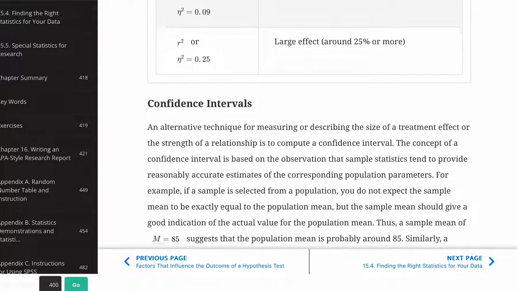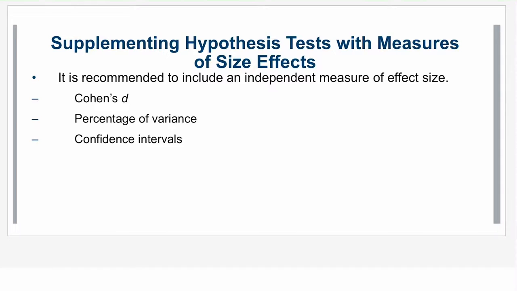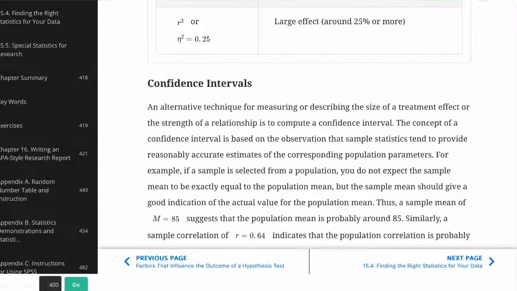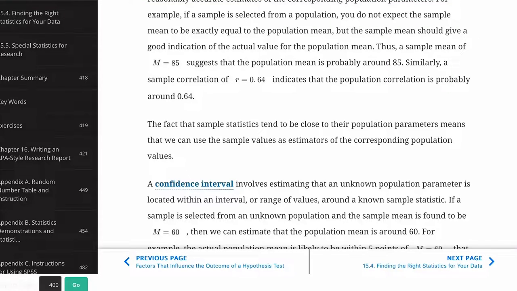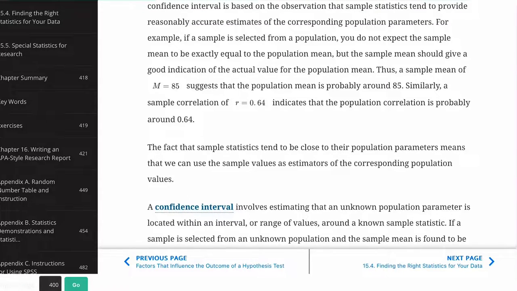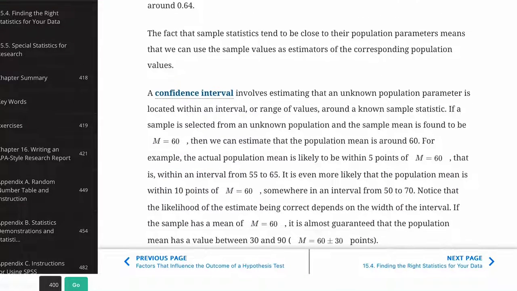Okay, and then confidence intervals is the third. You see that? Okay, we're going to go back. And so the confidence interval is basically, again, to help estimate those population values, which I kind of alluded to just a second ago. If you know the sample, you can predict the population, and it's an interval.